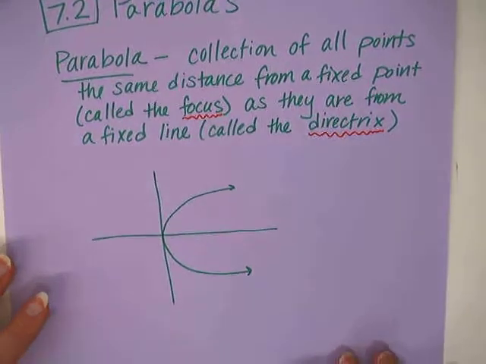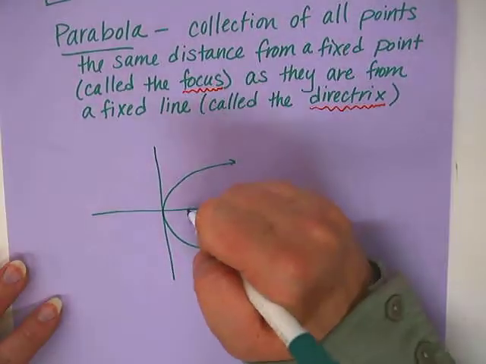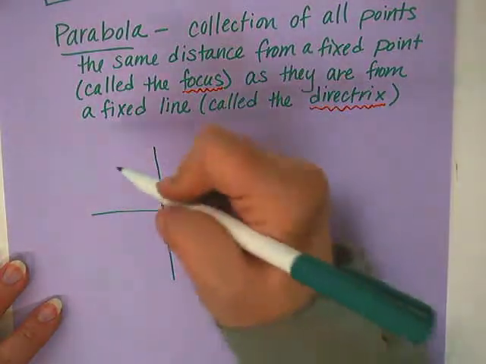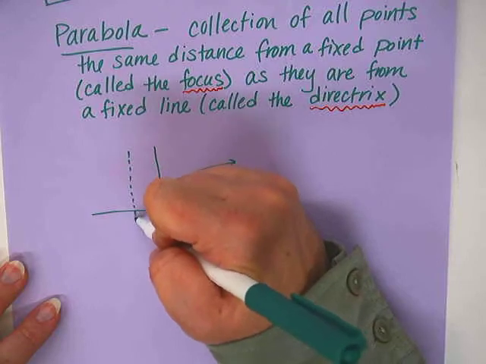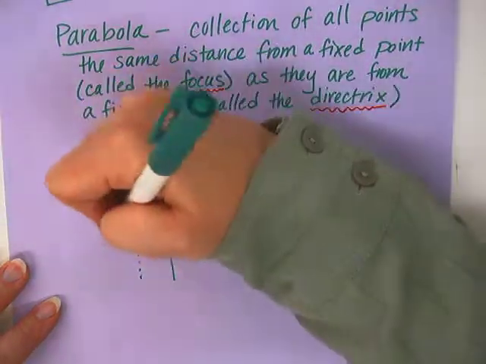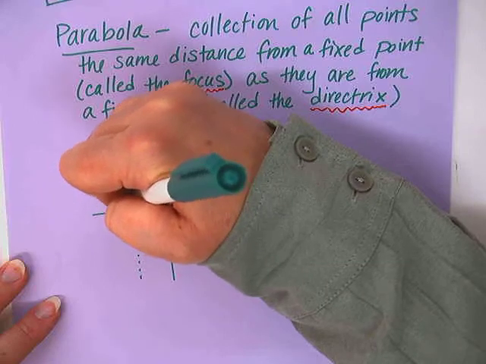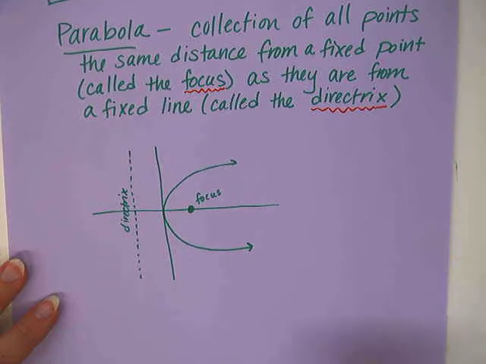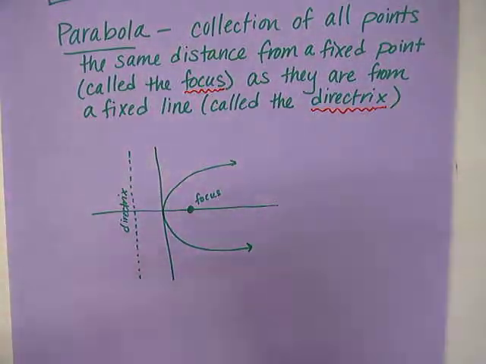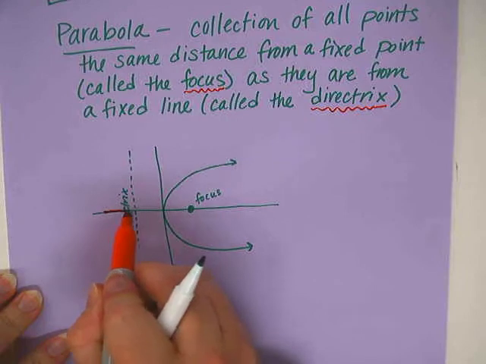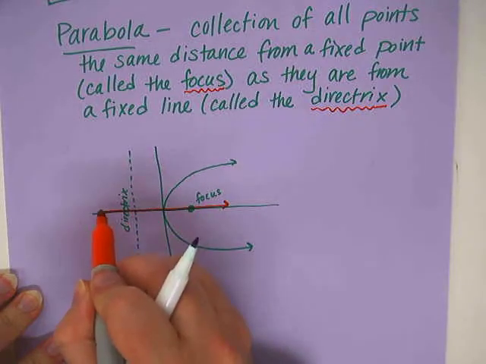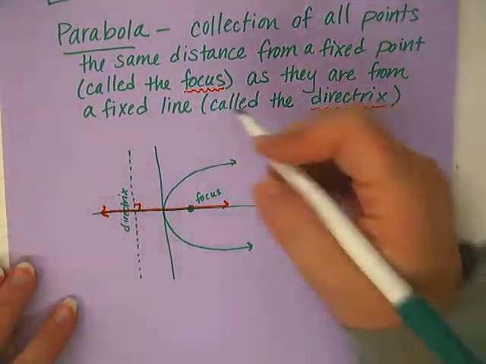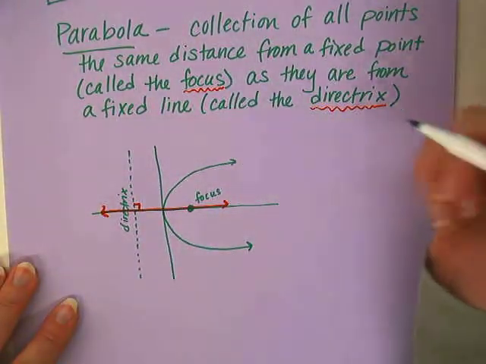Okay, so here's a parabola, and my parabola has a focus, and my parabola has a directrix. Then going this direction through the focus and perpendicular to the directrix is a thing called the axis of symmetry.